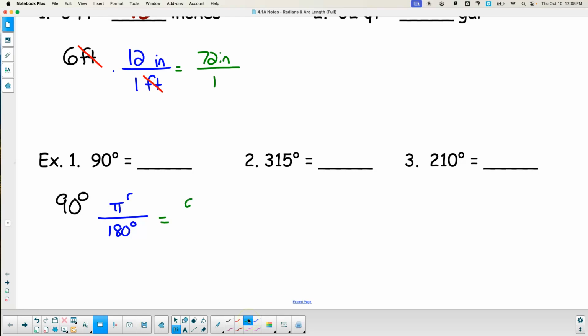However you choose to multiply your fractions, I'm a simplify first, multiply second. You might be a multiply first, simplify second one. Either way, we should get that it is pi over 2 radians at the end.